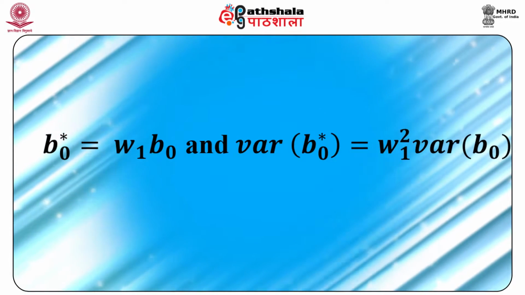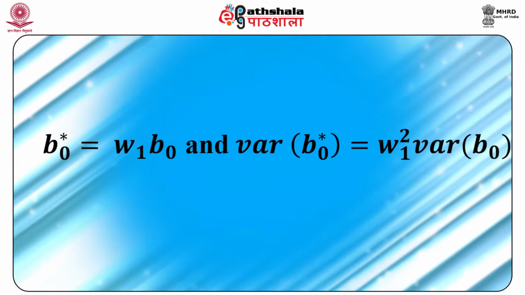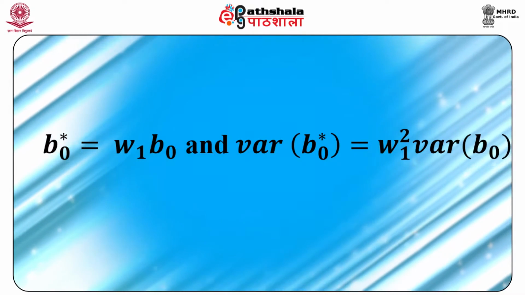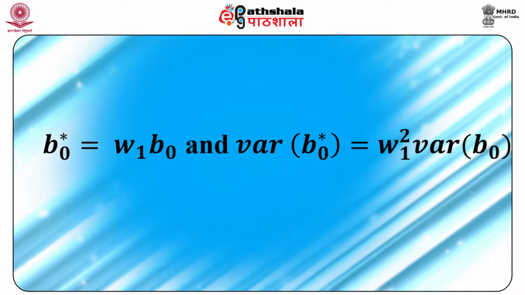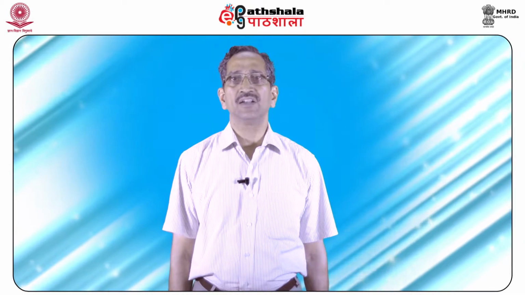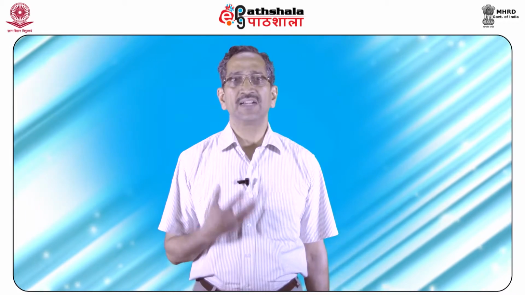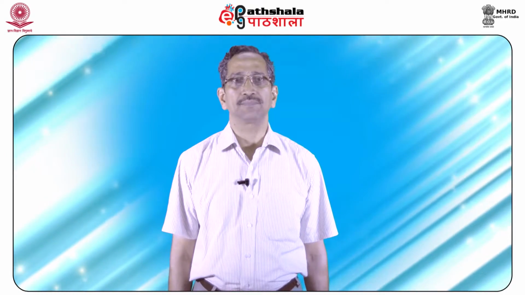But b0 star is equal to W1 b0 and variance of b0 star is equal to W1 square into variance of b0. So, when we have the same scaling factor, the results point out that the intercept term and its standard error are multiplied by W1. However, the slope coefficient and its standard error are the same.